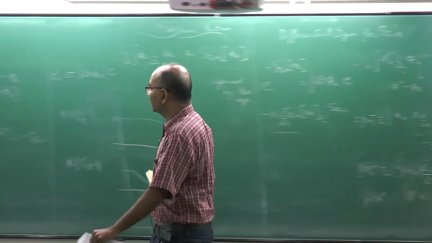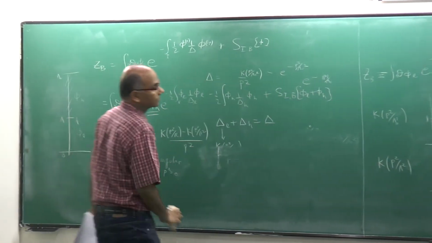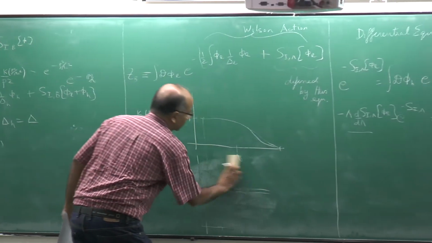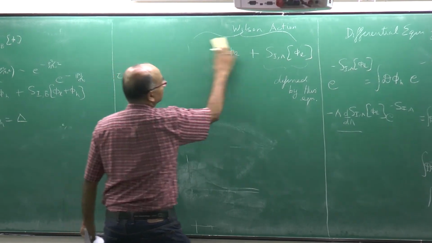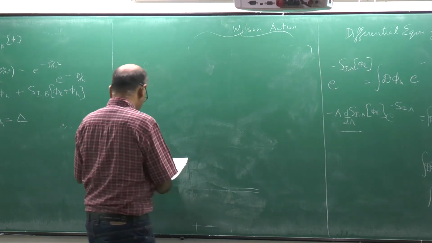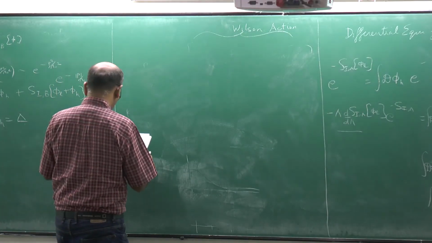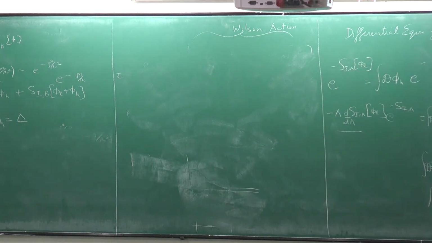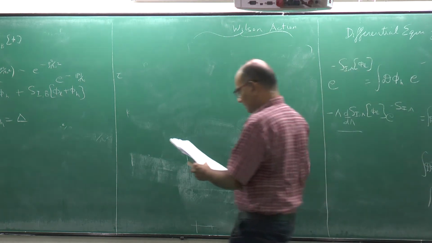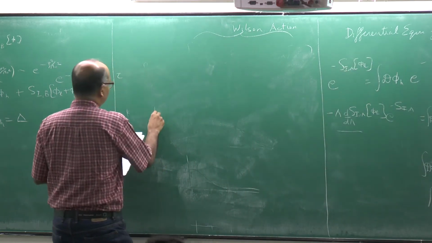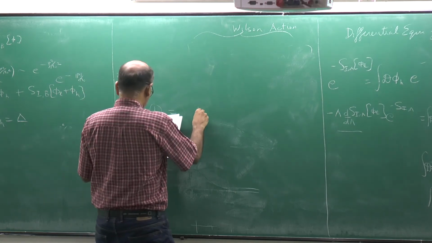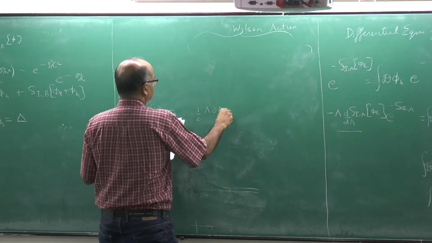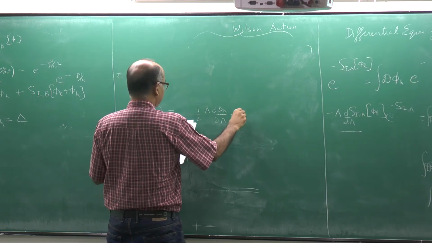So you get an equation, the delta equation here. So you get an equation that says, I call this one, this I call 1, and this one I call 2, and the relation is that 1 is basically half lambda d delta h d lambda times 2.